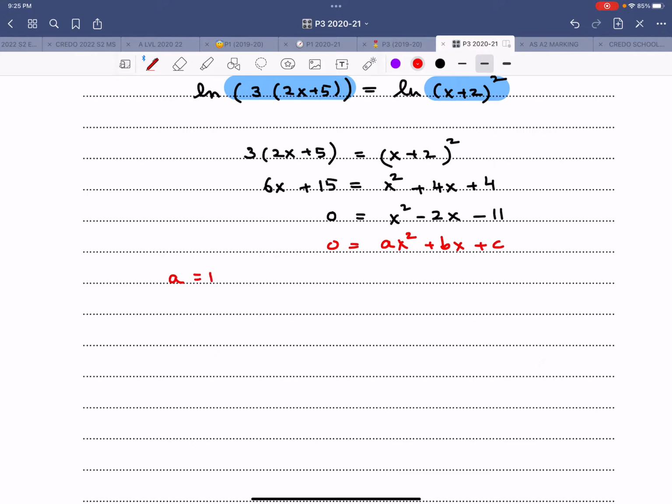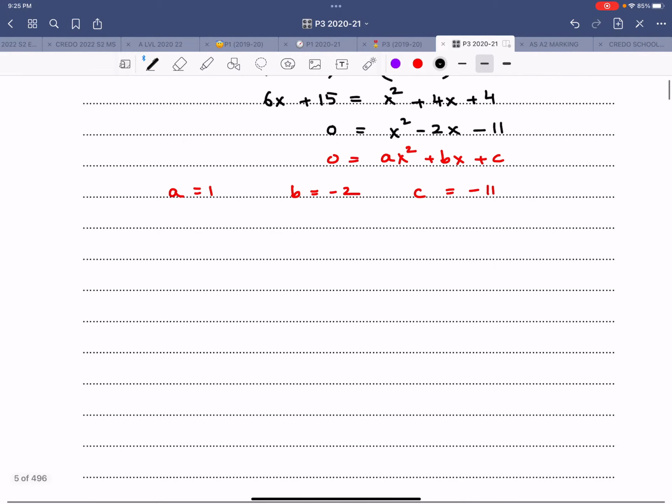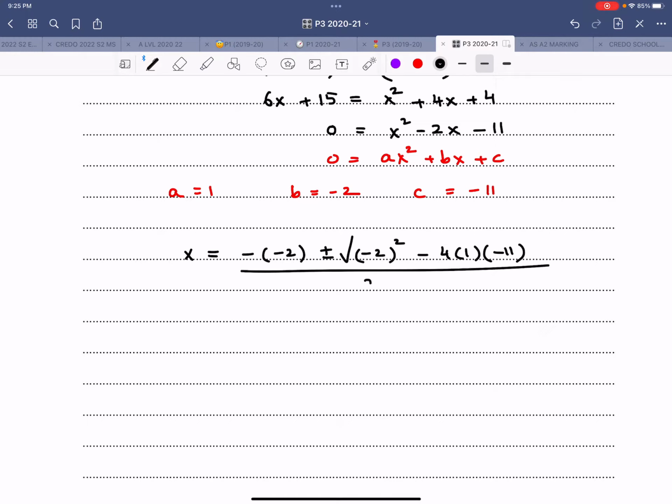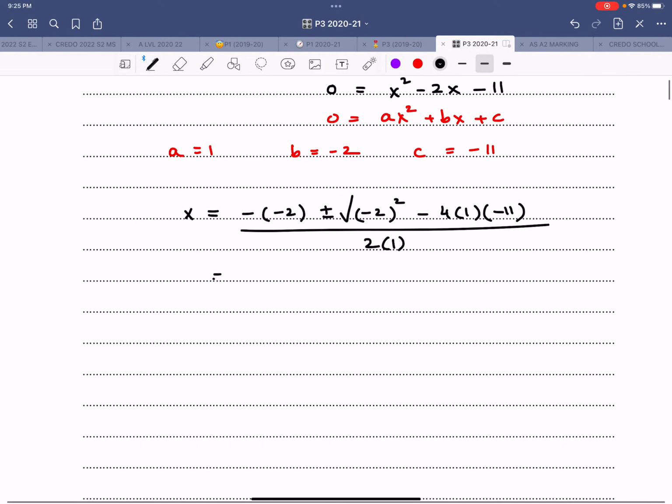So a is 1, b is negative 2, c is negative 11. x equals minus (negative 2) plus minus the square root of (negative 2) squared minus 4 into 1 into negative 11, divided by 2 times 1. There is a plus 2 on the outside, and on the inside, that's 44 plus 4, which is 48, divided by 2.